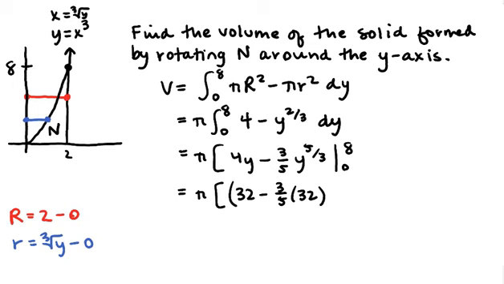Minus, when I plug in 0, I'm just going to get 0. And that's an acceptable answer. Or you could say it is 2/5 of 32 multiplied by pi, or 64 pi over 5. See, why even risk it? Just stop there.